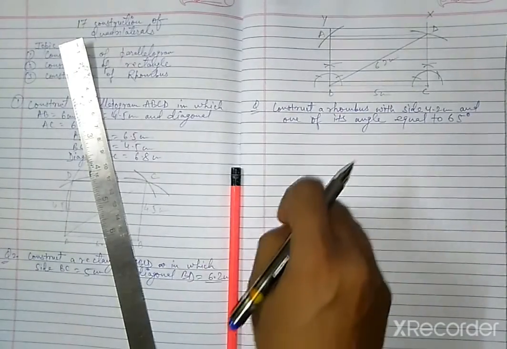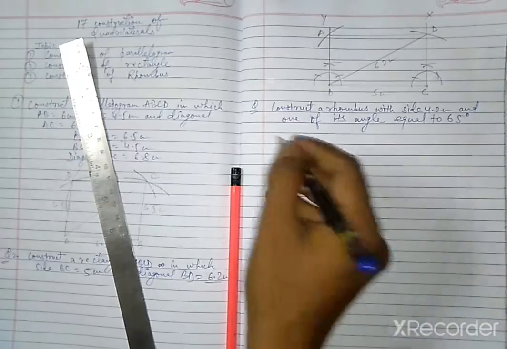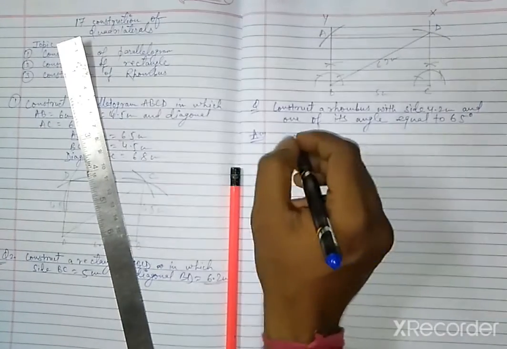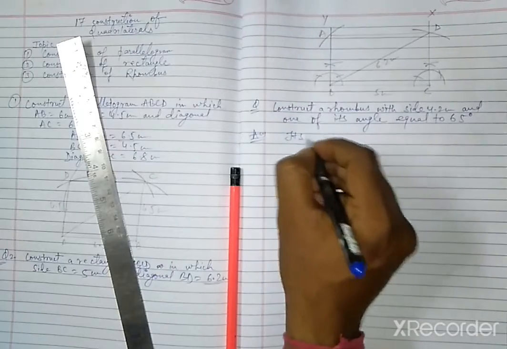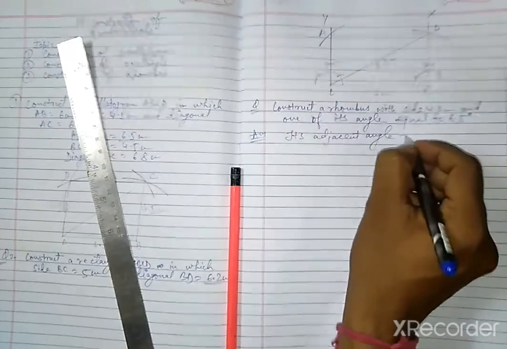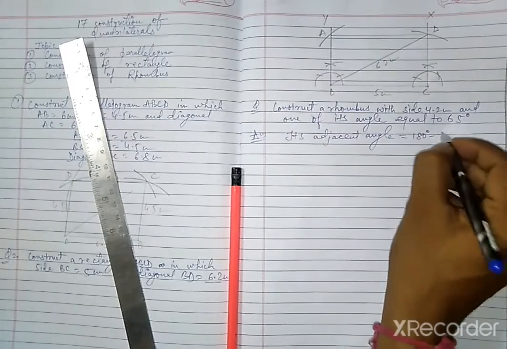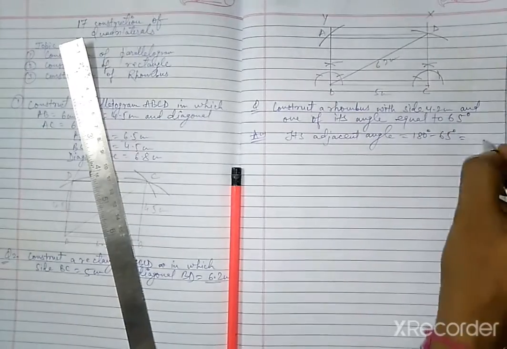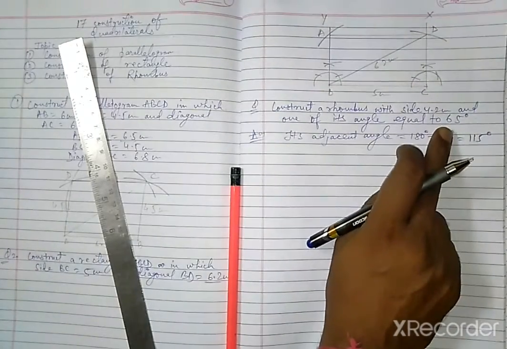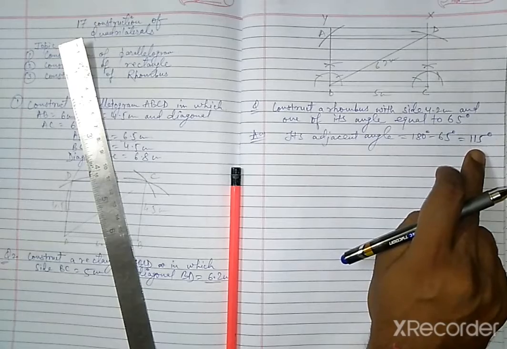Now if one of the angles is equal to 65 degree, therefore its adjacent angle is equal to 180 degree minus 65 degree, so that will be equal to 115 degree. So if one of the angles is 65 degree, then its adjacent angle will be 115 degree.